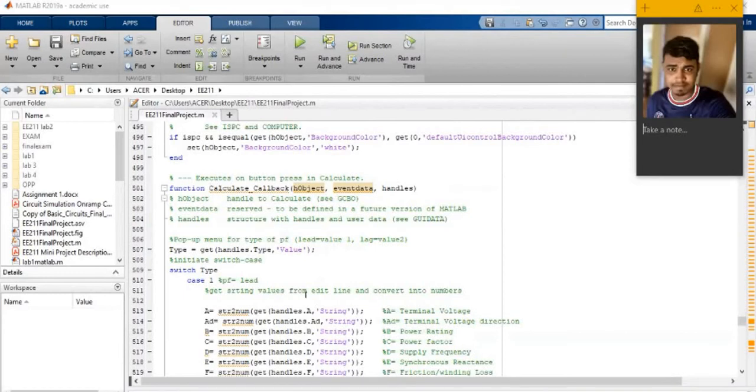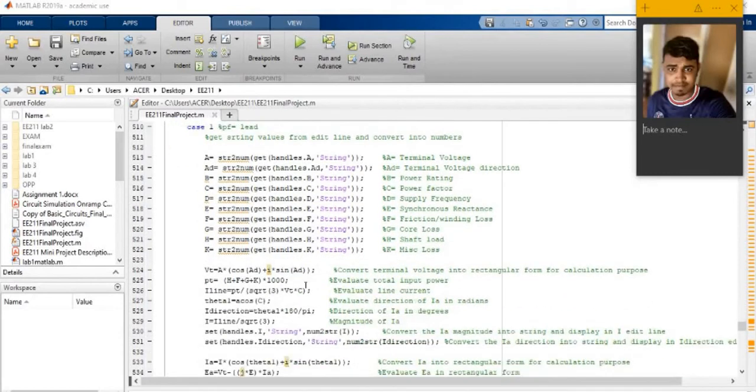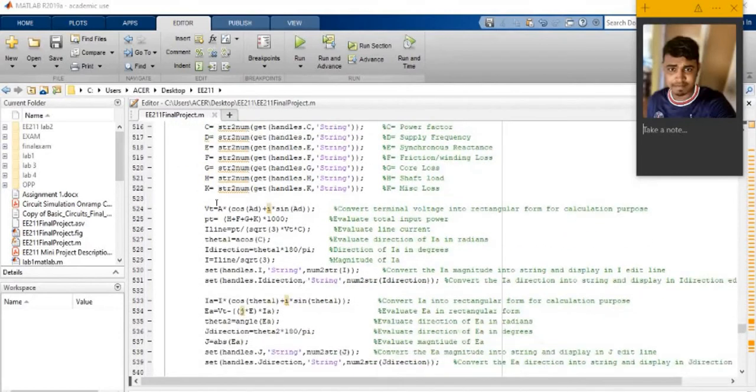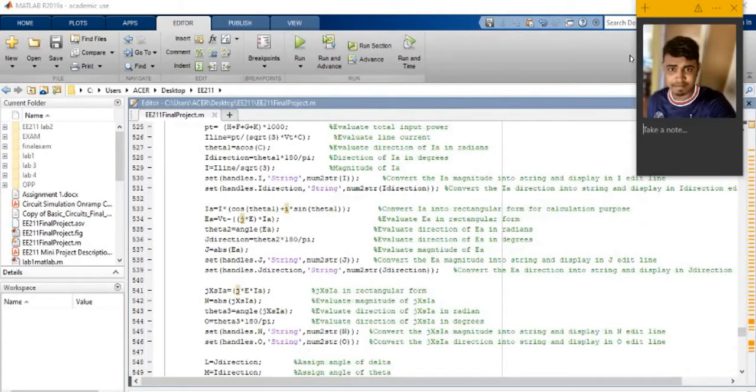As we can see, all our coding has been done under the calculate callback function. What we have basically done is assigned each parameter with letter values and converted the inputs from string to number for calculations. After this, we have done all calculations based on our specifications and displayed our results as string values. Now I will hand over to my friend Jashnil to explain further on the coding.